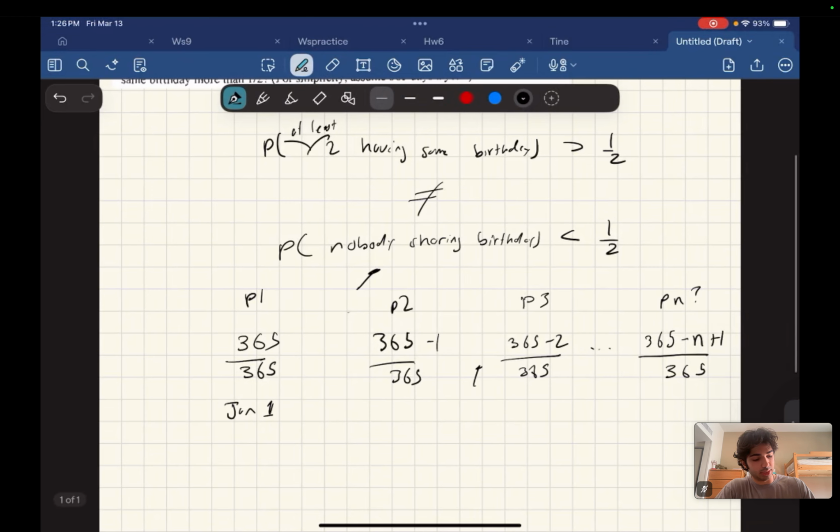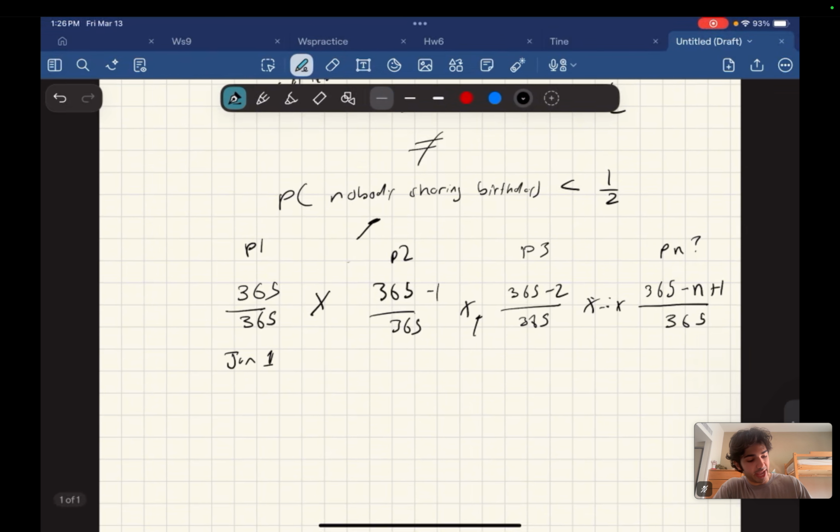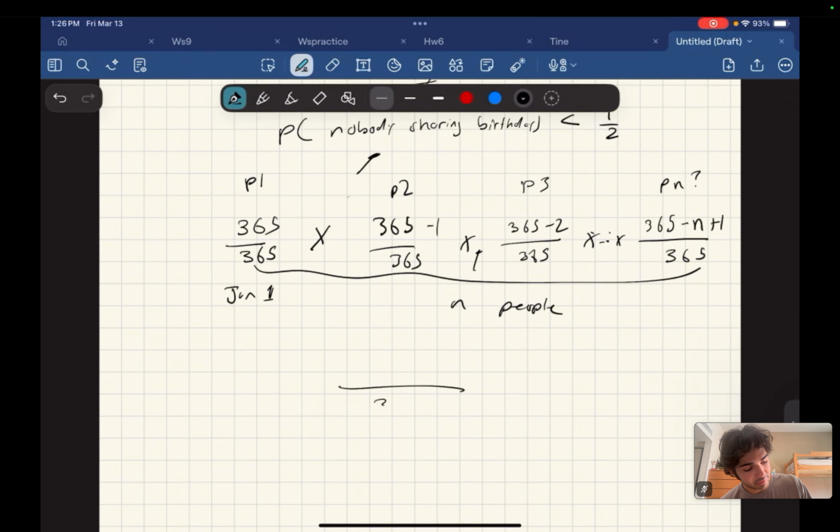So it's this term times, times, times. And when you do this, and we have n people, the denominator becomes 365 to the power of n. The numerator becomes 365 times 364 times 363 times, and so on, times 365 minus n plus 1.